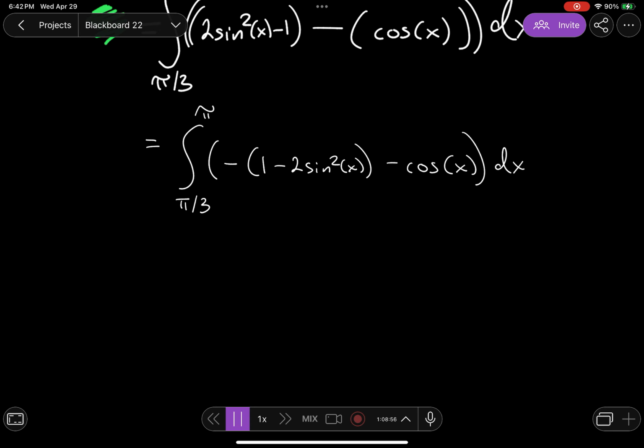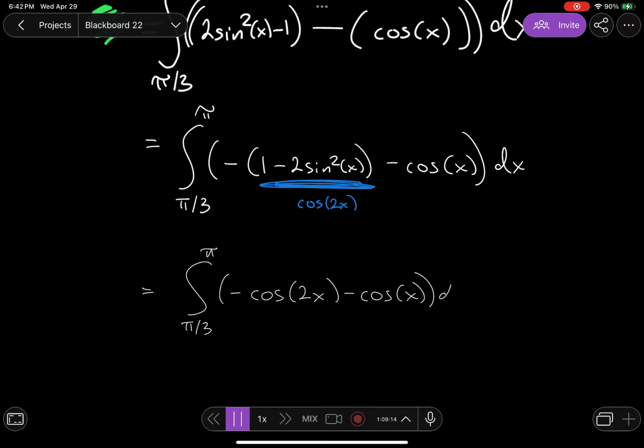But you guys as trigonometry experts should stare at that and go, oh, that's the cosine of 2x. And therefore, this is the same thing as the integral from pi thirds to pi of the negative cosine of 2x minus cosine of x dx.